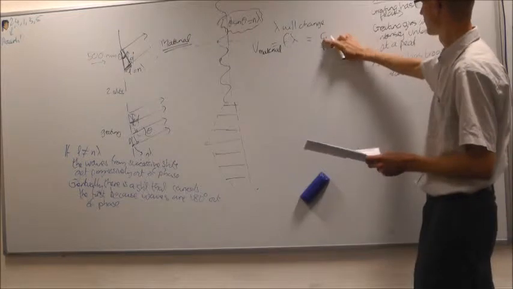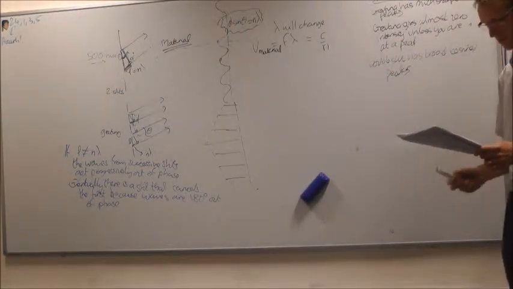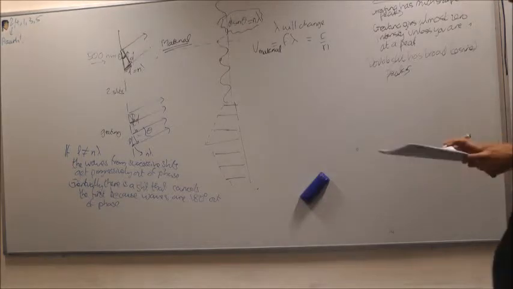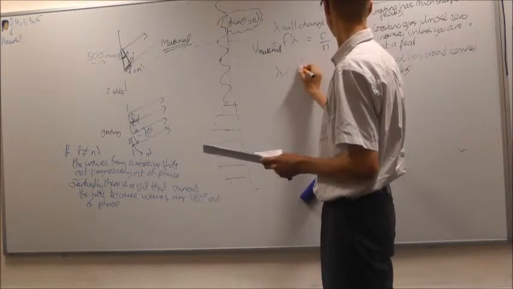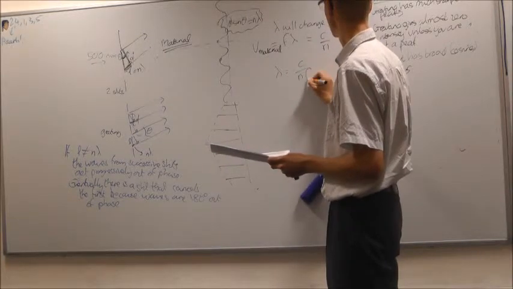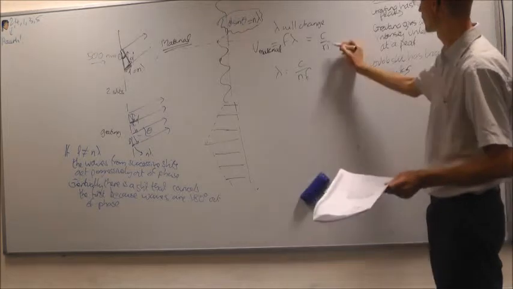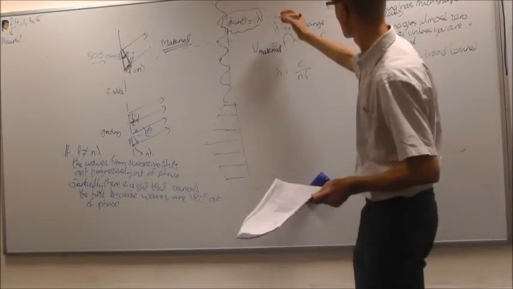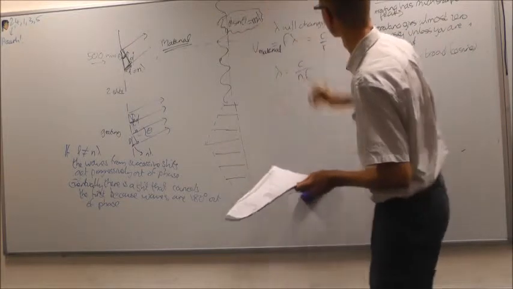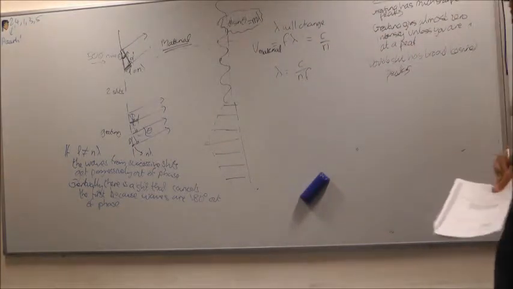That is our velocity of light, which is of course c, divided by our refractive index. So lambda equals c over n f. Okay, we're going to get notation confusion. Let's change that n to an m. Not too much notation confusion for one day already.